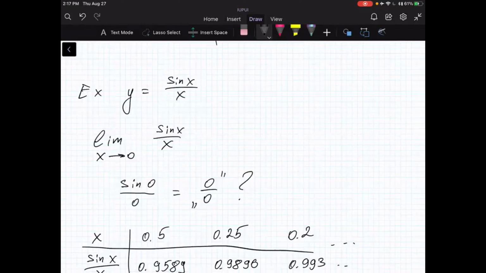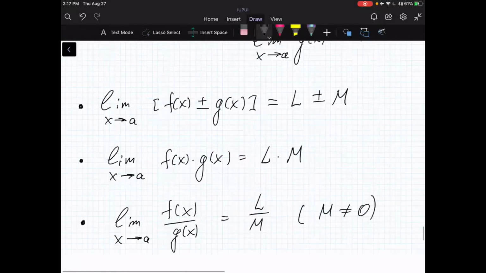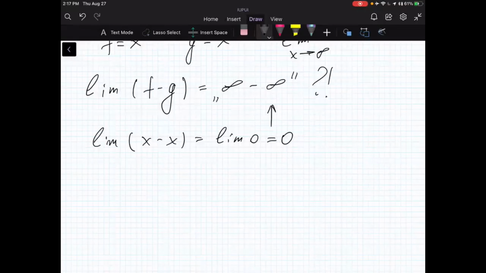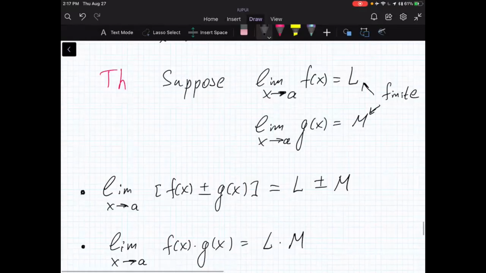It's also not clear what is the value of this stuff. So you should do it somehow in a different way. Okay, so in this theorem, it's important that both limits are finite. Otherwise, you cannot apply this theorem.